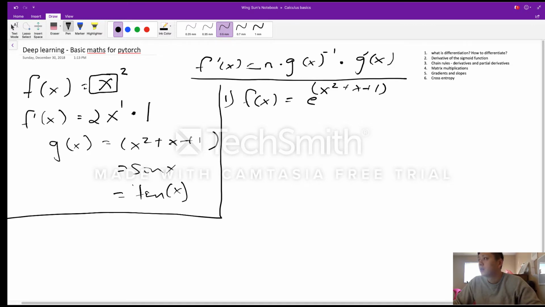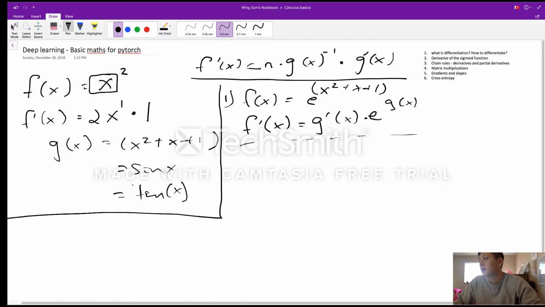So the derivative of f of x, which is f prime of x, is equal to g prime of x multiplied by g of x. Oh no, sorry, excuse me. It's multiplied by the original function, which is the e to the g of x. Now what is the g of x here?